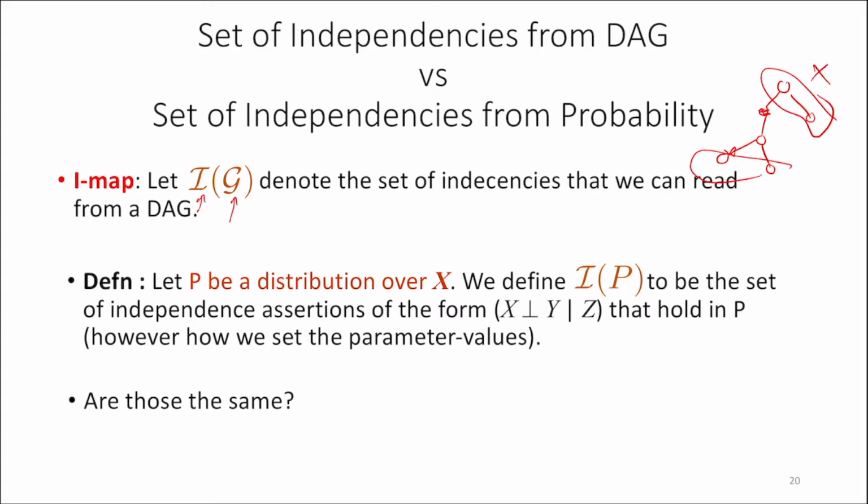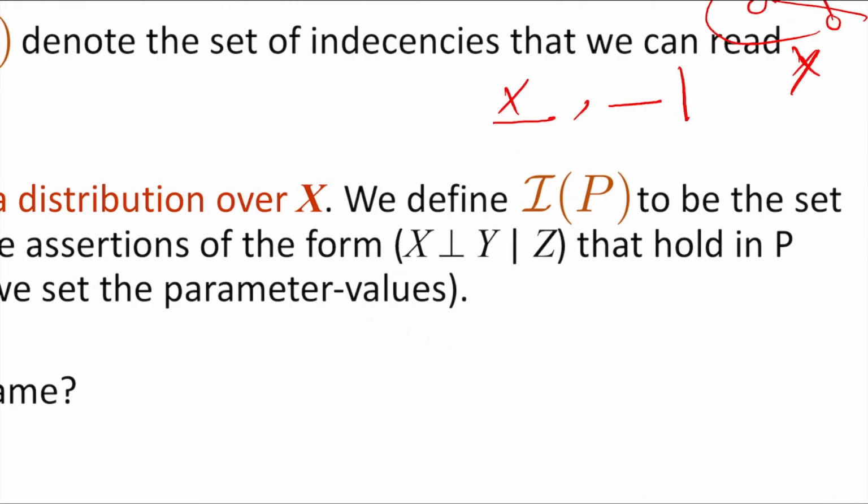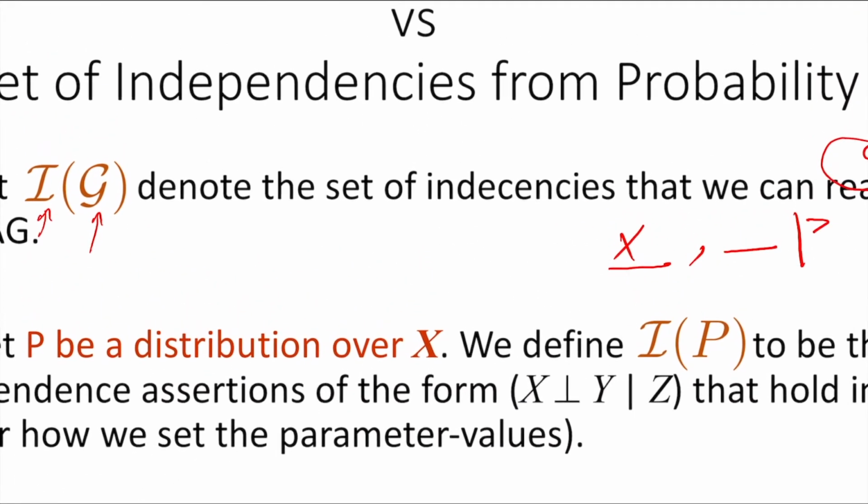So if this is x, this is y, and this is z, the curly I(G) I-map is the set of (x, y, z) where x is independent of y given z, with x, y, and z being sets of variables.